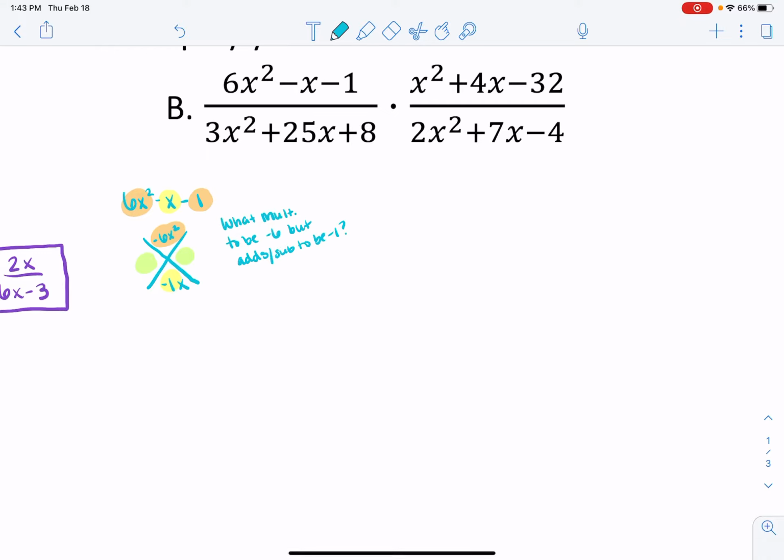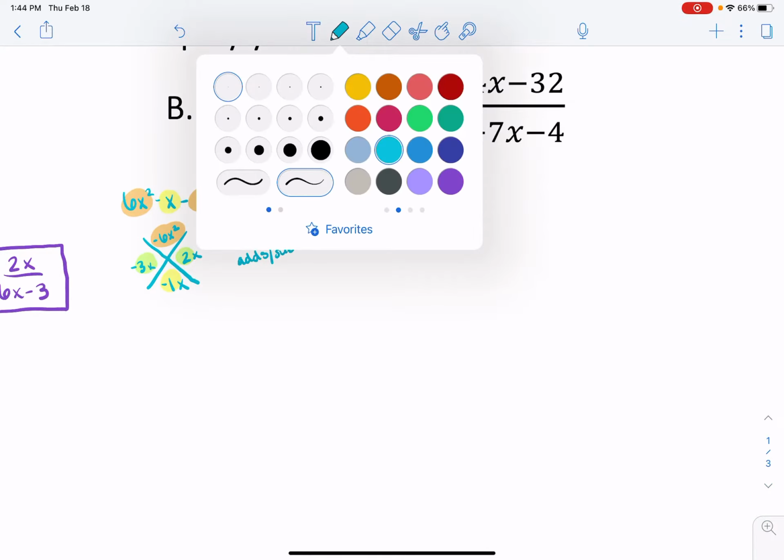When we think about our factors of 6, we've got 1 and 6, and 2 and 3. I see that negative 3 plus 2 gives me negative 1, and negative 3 times 2 is negative 6. So we are all good to go. I'm going to put a negative 3x over here and 2x here. Once we do that, now we're able to make our box.